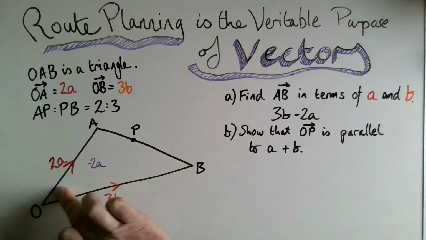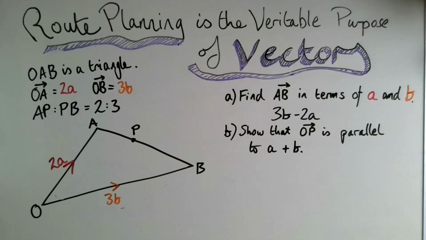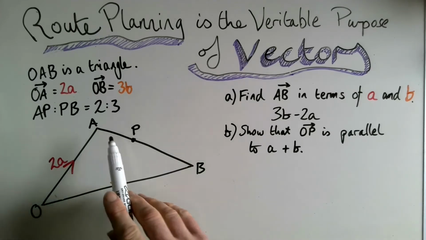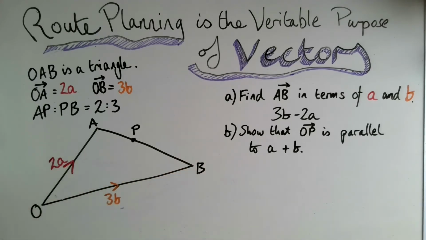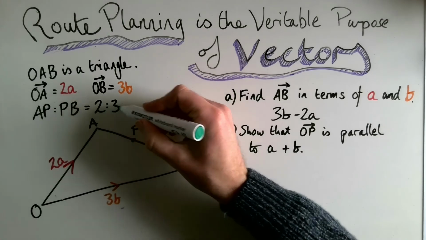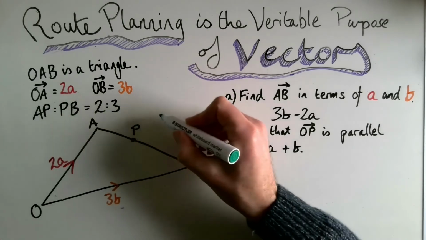In order to do it, the first thing we need to be able to do is define O to P in some way. Well, what fraction of the route from A to B is P? Because of this, you've got two parts there, haven't you?